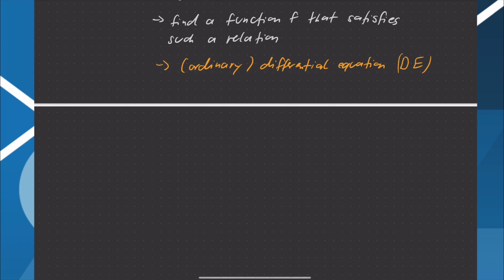Let's see a brief example before we try to get into the theory of how to solve these things. And the example that we are going to see is capital accumulation. The question here is, we want to describe how an investment grows over time.